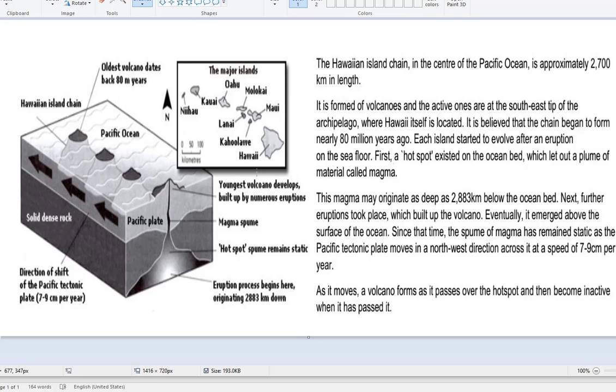Okay, our next script is a map indicating how the Hawaiian Islands were formed. Now, if we look at the first phrase here, oh, no, not that. Let's try this. The Hawaiian island chain is in the center of the Pacific Ocean, is approximately 2,700 kilometers in length.